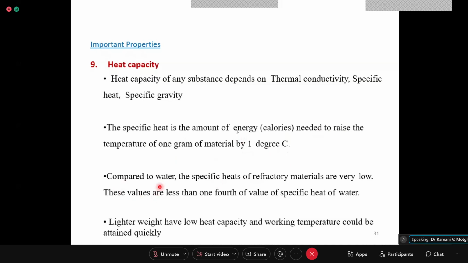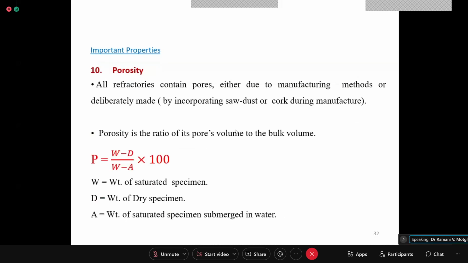Compared to water, the specific heats of refractory materials are very low, less than one-fourth of the specific heat of water. Lighter weight materials have low heat capacity, and working temperature could be attained quickly if the heat capacity is low. But when it is heated rapidly, it is cooled also rapidly. So high heat capacity is always preferred.